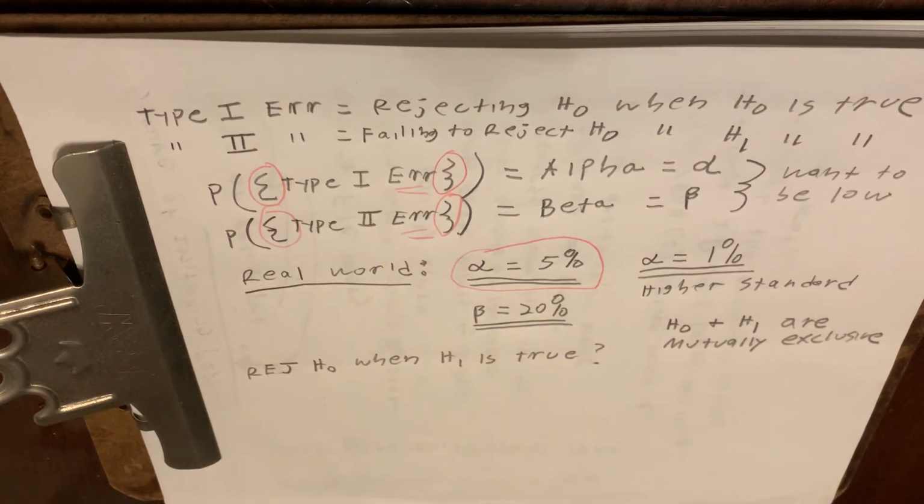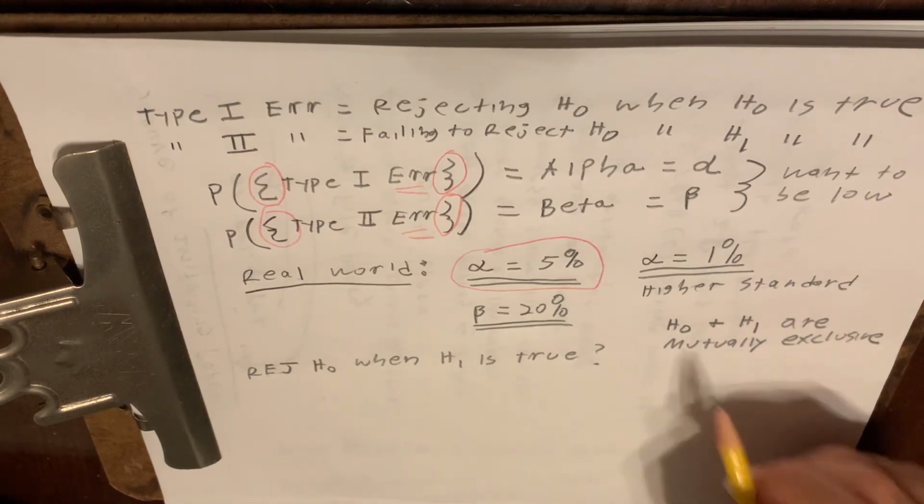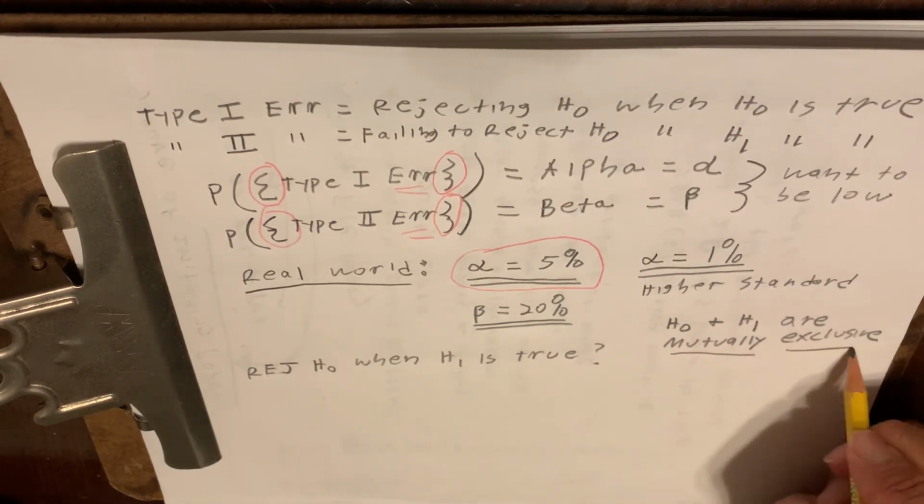Now, that doesn't mean they only date each other. Mutually exclusive means if the null hypothesis is true, the alternative hypothesis must be false. And it also means if the null hypothesis is false, the alternative hypothesis must be true. That's what mutually exclusive means.